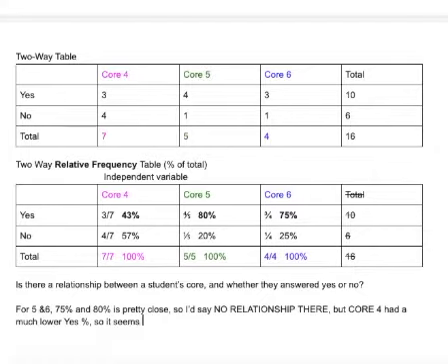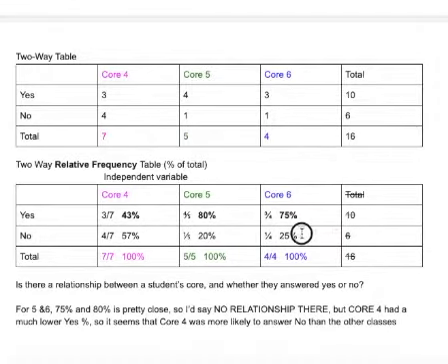So it seems that core 4 was more likely to answer no than the other classes. And conversely, you could also look at the answering no.